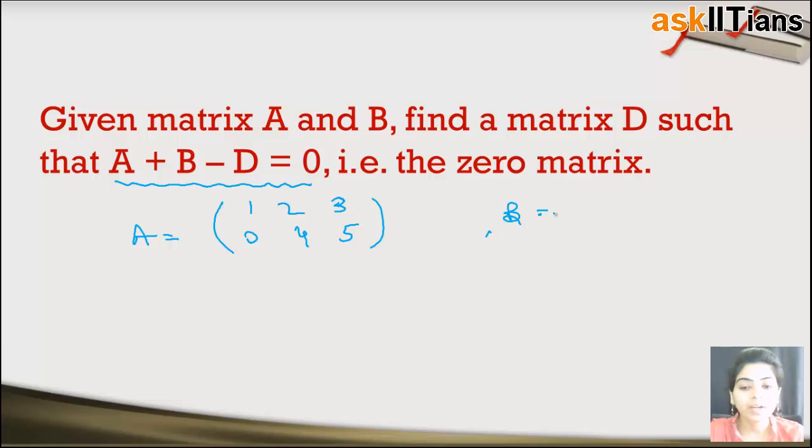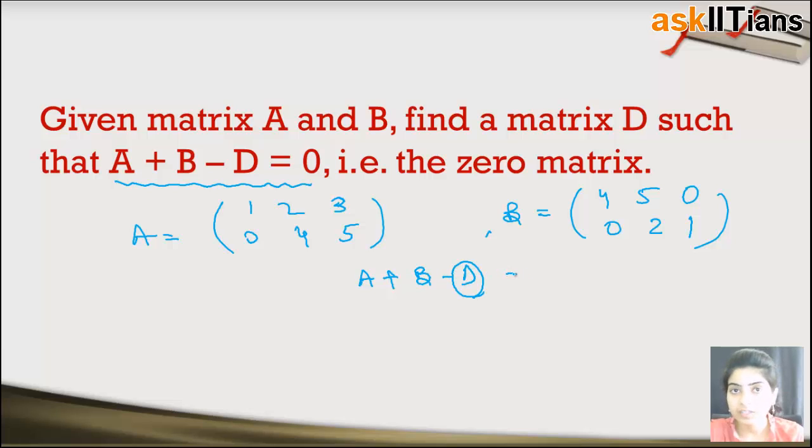Then I have a matrix B: 4, 5, 0, 0, 2, 1, and I need to find a matrix D such that it satisfies A plus B minus D is equal to 0.